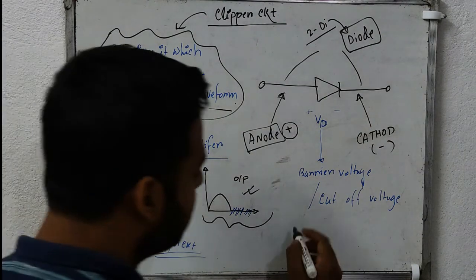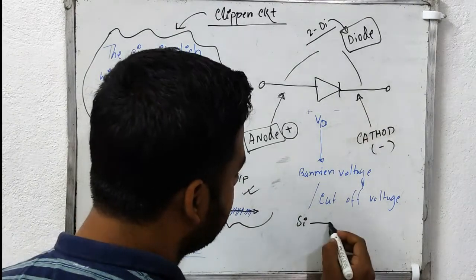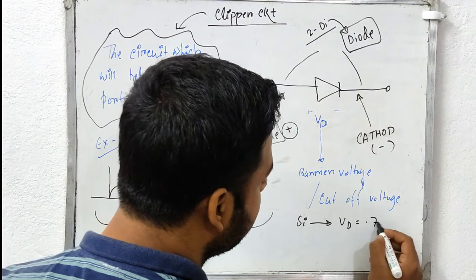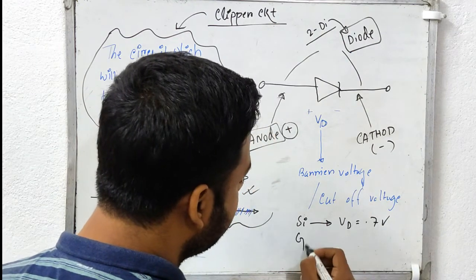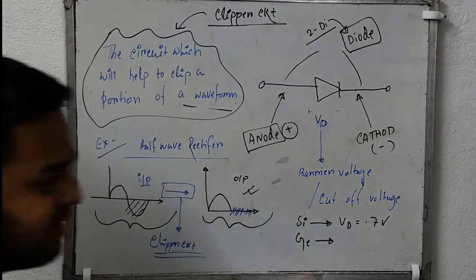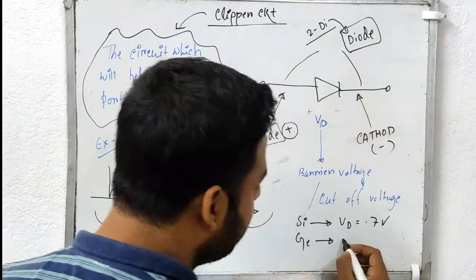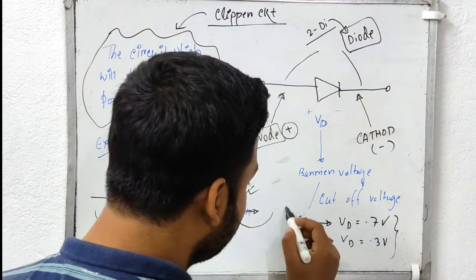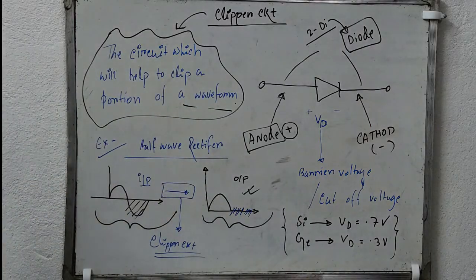If we use silicon, then this VD will be 0.7 volt, and if you use germanium as the material, then VD will be 0.3 volt. So this is the simple introduction about the diode.